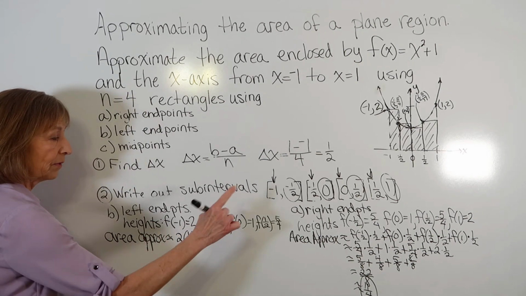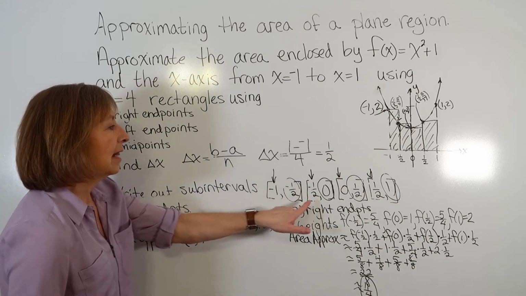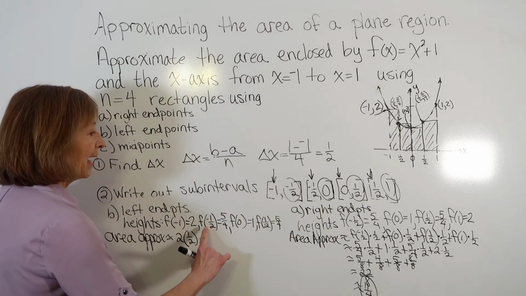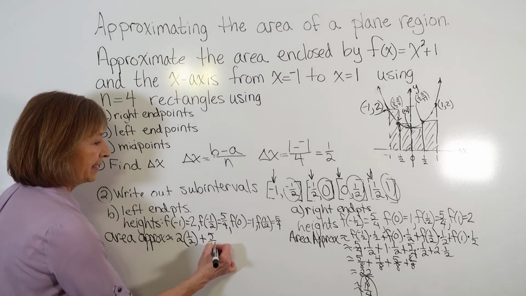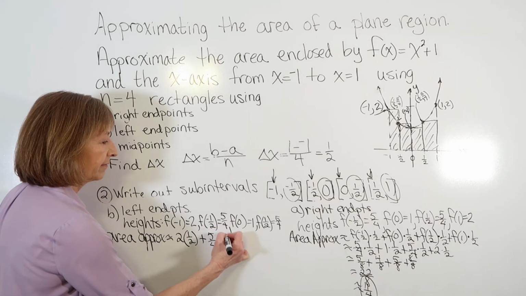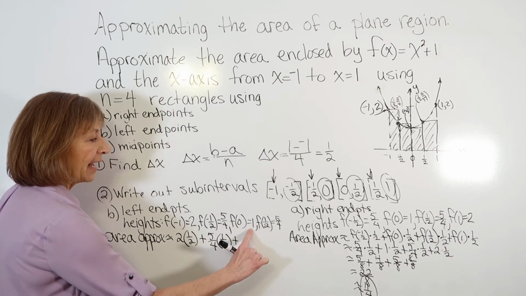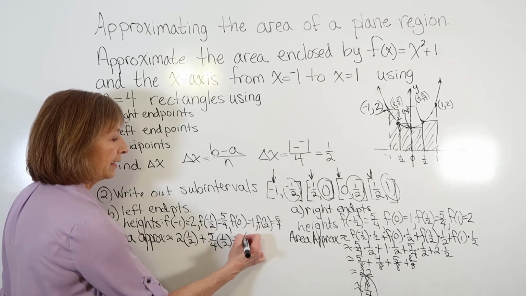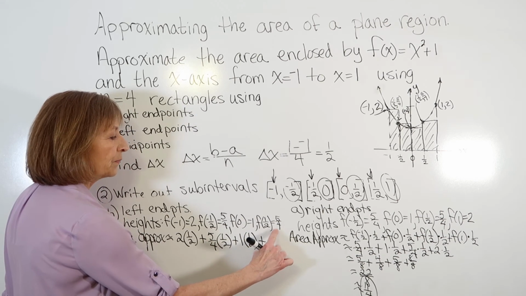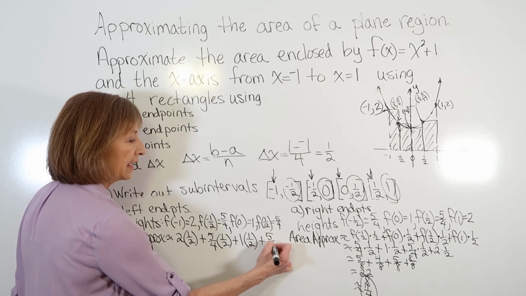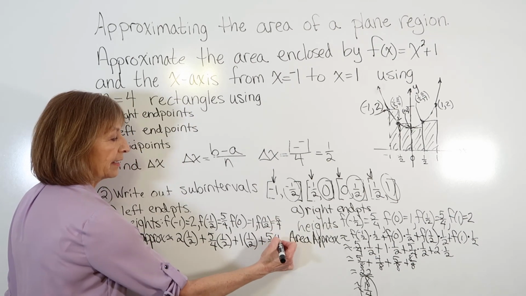For the second rectangle, using the left endpoint, my height is 5/4 and my delta x width is 1/2. And then the next one, my height is 1 and my delta x width is 1/2. And then for the last one, my height is 5/4 and my delta x width is 1/2.